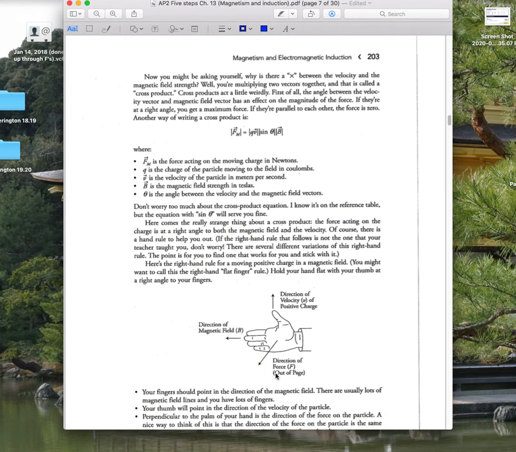This is the flat hand rule, which I like. If you remember, I slapped someone, I think, upside the face with this one. And so that actually is something that's super useful. It deals with a charge going through a magnetic field, and you can predict the direction of force. So the direction of velocity of a positive charge is the direction of your thumb.